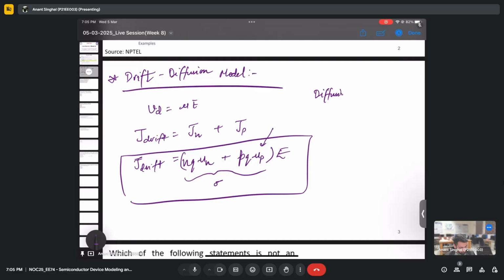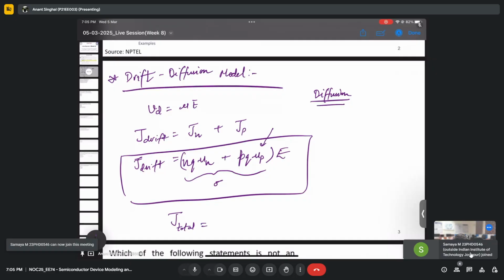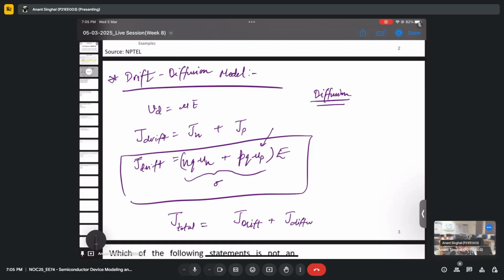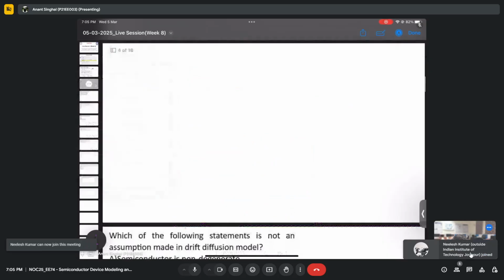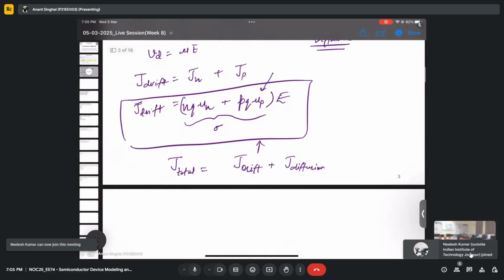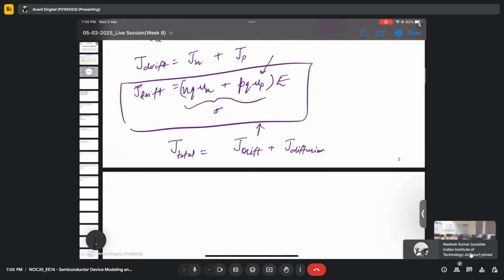In general, the total current density has the drift component, and it also has the diffusion component. We have already talked about the drift component in detail.